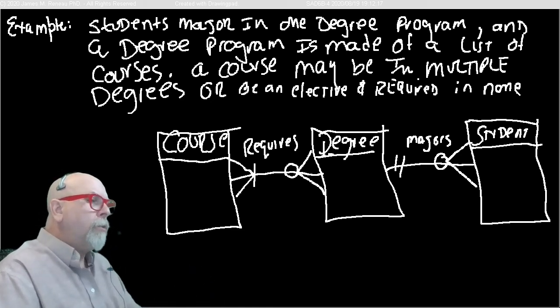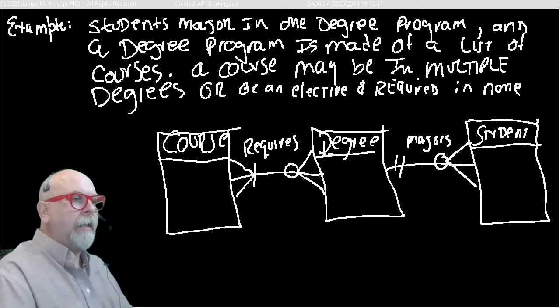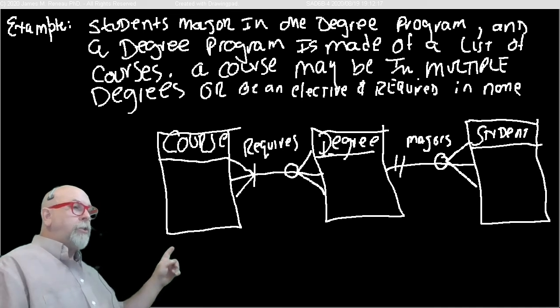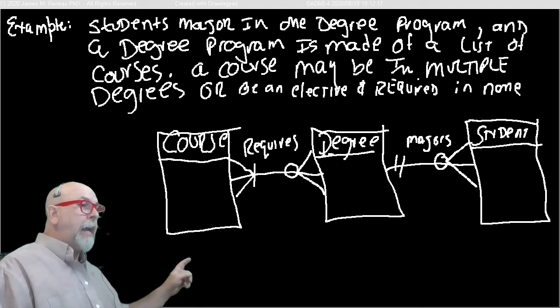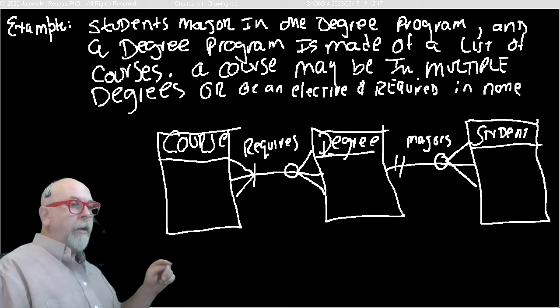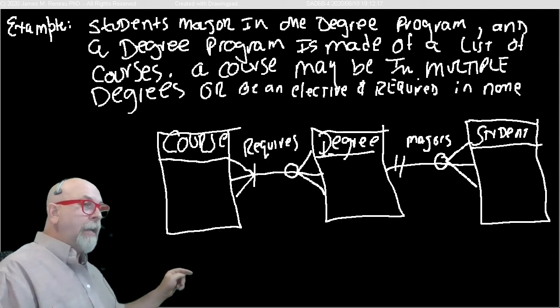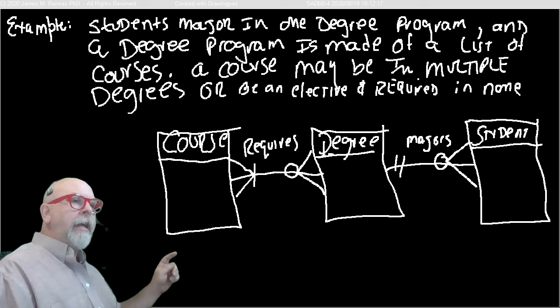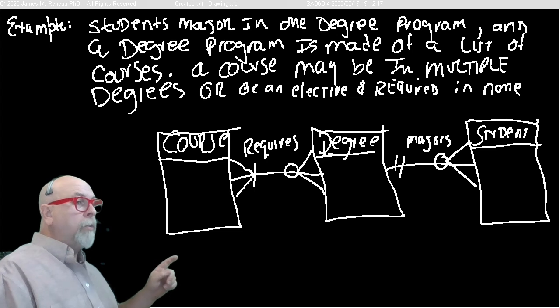So let's look at the crow's feet in more detail here and make sure that we've got them exactly. So let's start at student. A student majors in one and only one degree. A degree has 0 or more students as a major. Let's repeat that again. A student majors in one and only one degree, but a degree has 0 or more students majoring in the degree. Let's look at the other relationship. A degree requires one and only one course.